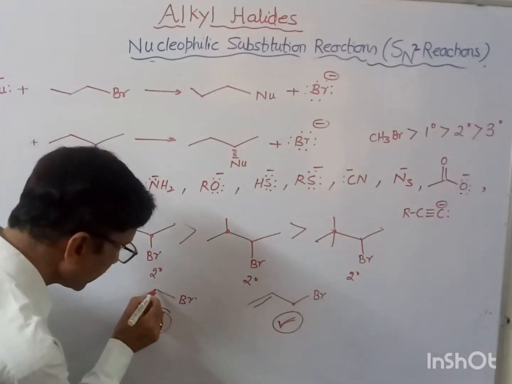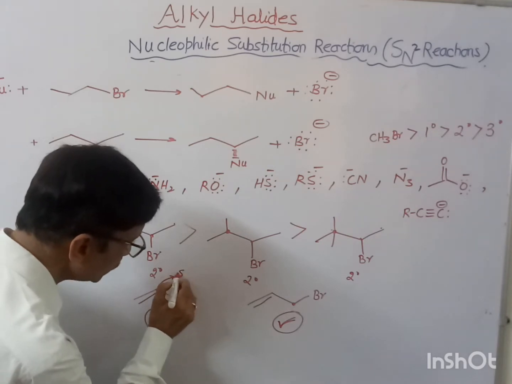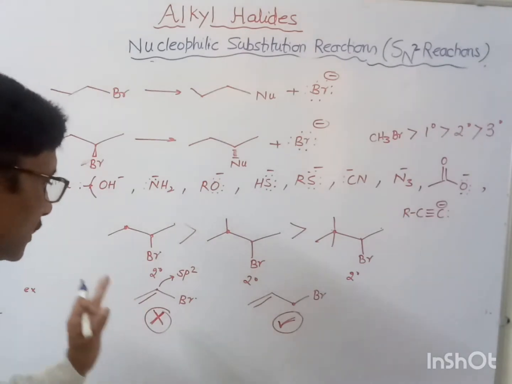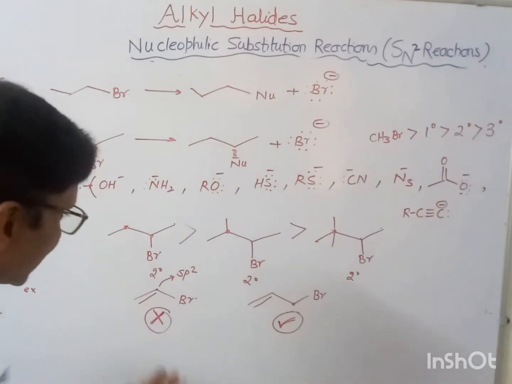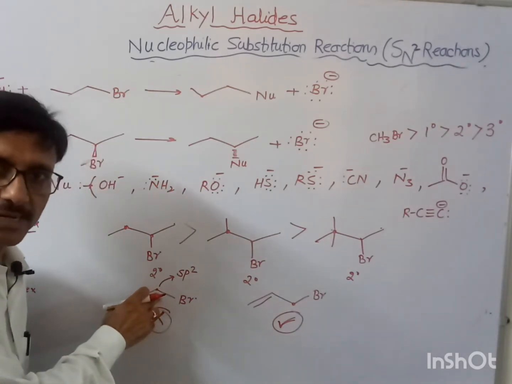So if you see here, this bromine atom is attached to the sp2 hybridized center. This carbon is sp2 hybridized, and because of that this carbon is highly electronegative.